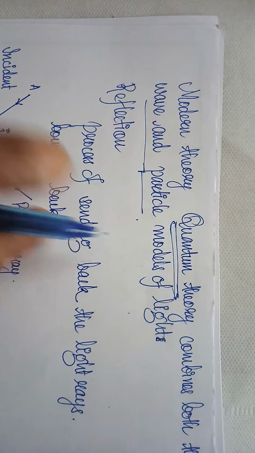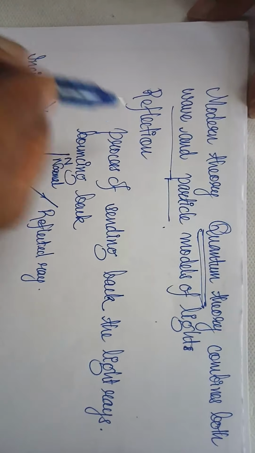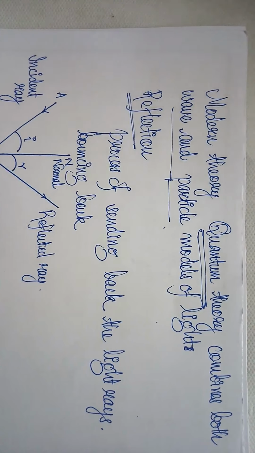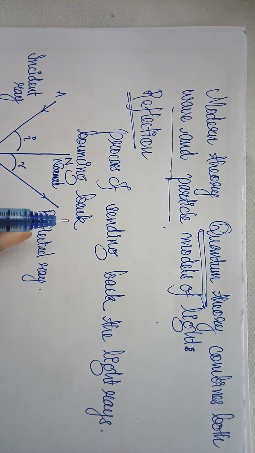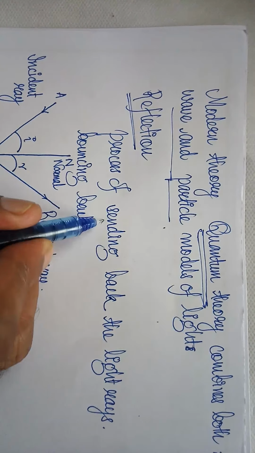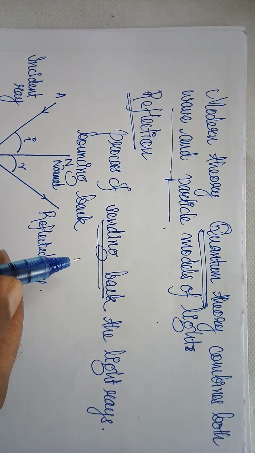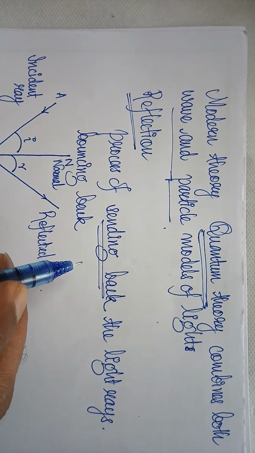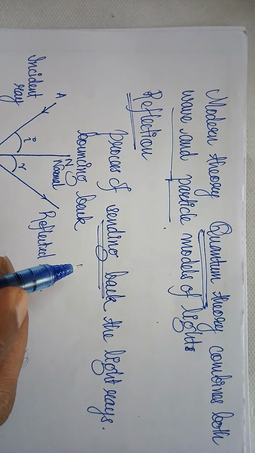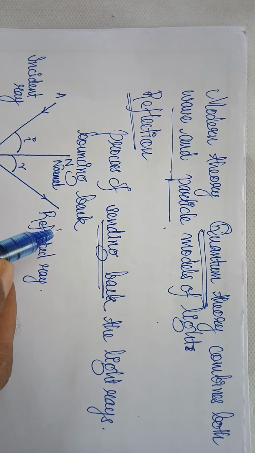Now, what is reflection? Reflection of light. Reflection is the process of sending back the light rays which fall on the surface of an object, or we can say it is a bouncing back.